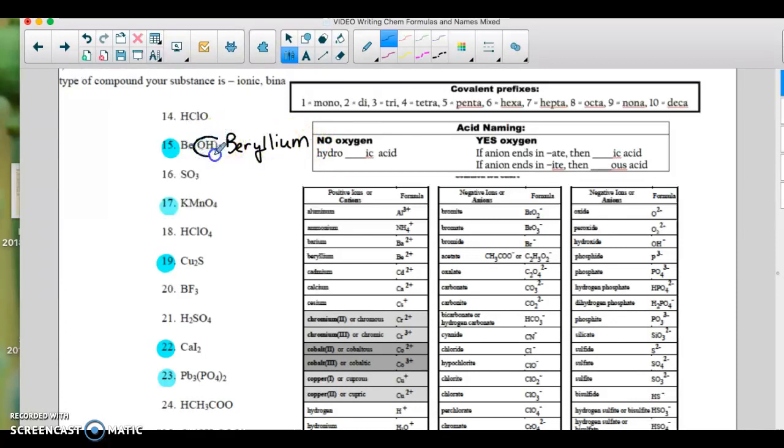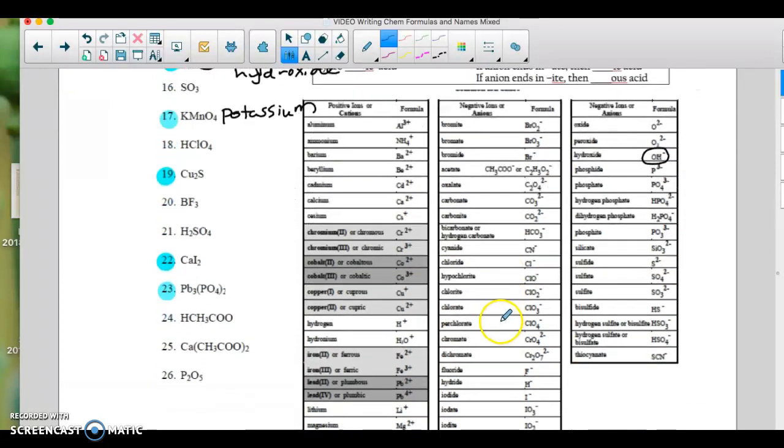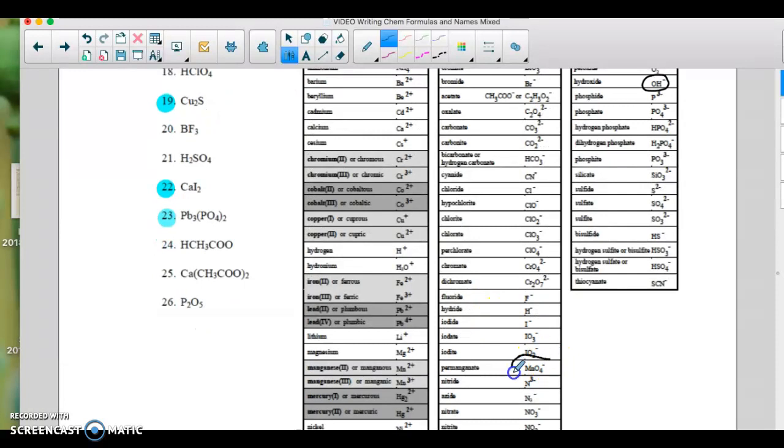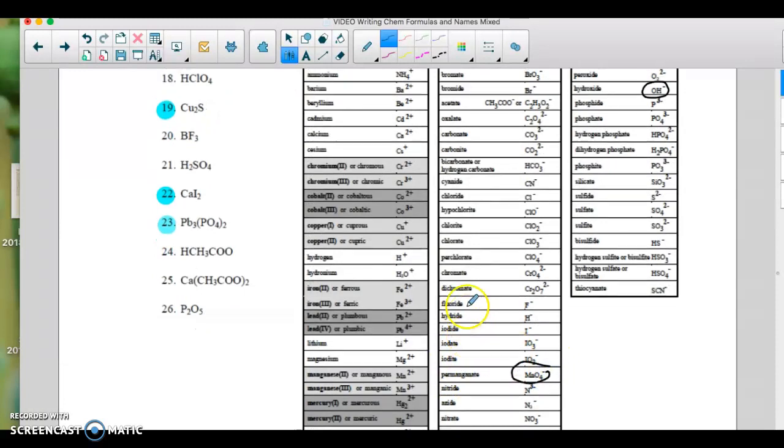And then OH is somewhere right there, hydroxide. This one, K, is in group 1. That's potassium. And then MnO4 is somewhere. Sometimes I have a hard time finding these too. Do you guys see it? There it is. So this is permanganate.